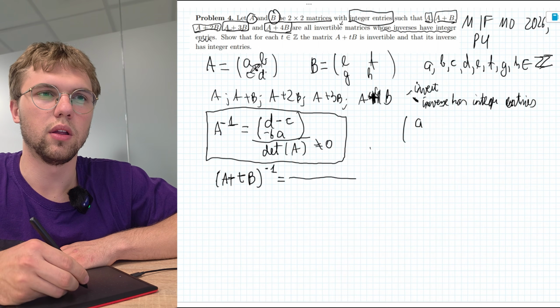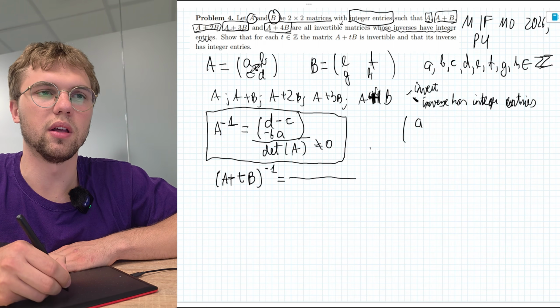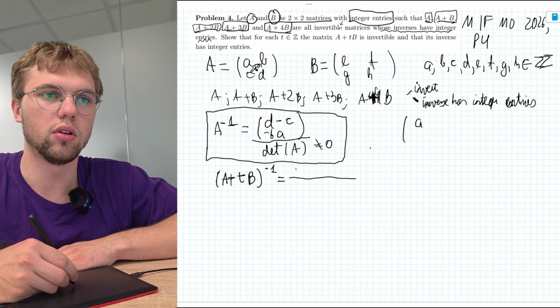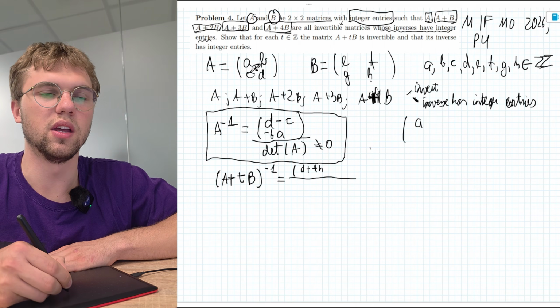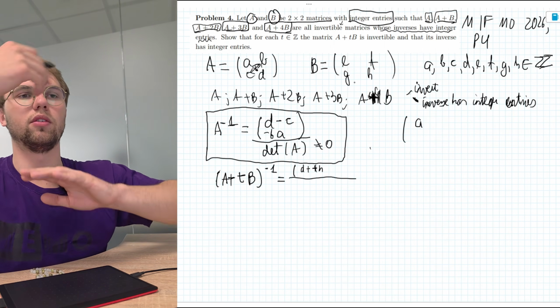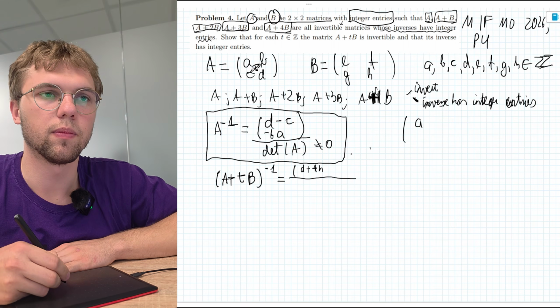It would be d plus th. I don't really have much space here. It would be d plus th, right? Because t times this, and since you swap this around, it comes here.